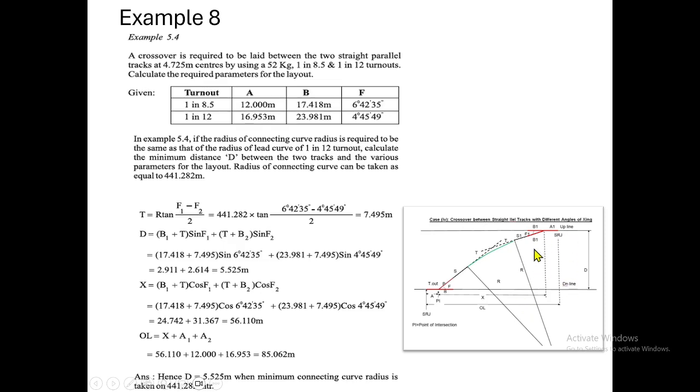So D equal to, now what is the sine formula? B1 plus T sine of θ1 plus T plus B2 sine of θ2, we will get the vertical distance equating with the D. So here in this case we require a minimum distance of 5.52 meter for accommodating the 1 in 12 radius of curve.